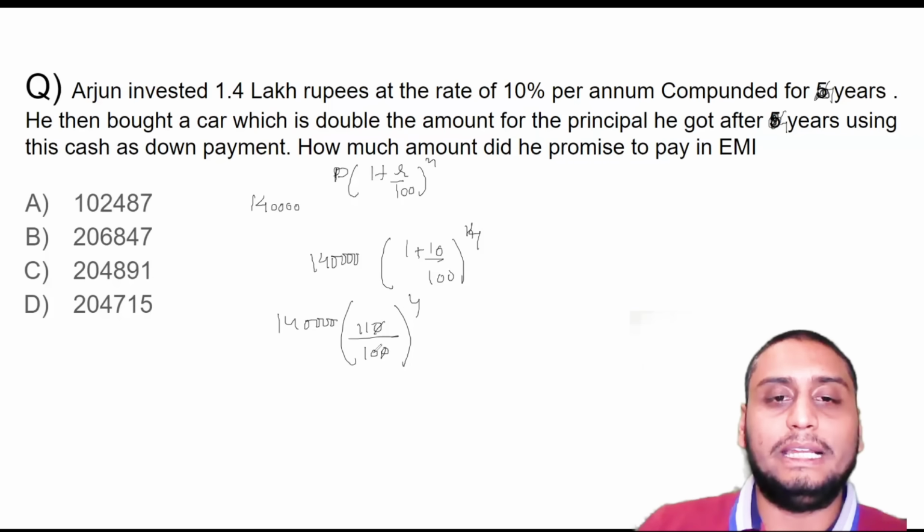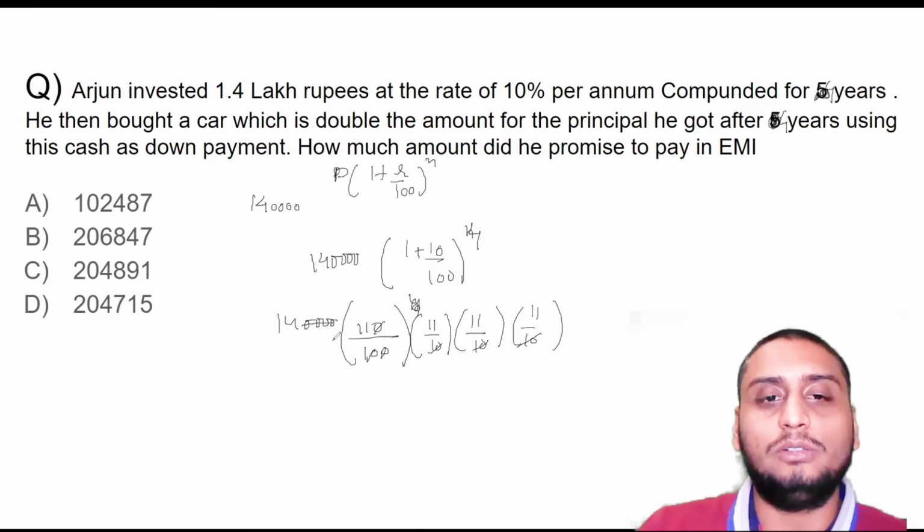This will be basically 11 by 10 to the power 4. If you cancel, these four zeros will cancel. Now, whatever the amount is, the unit digit would be 4, because 4 into 1 into 1 into 1 into 1. So the unit digit I know is 4.